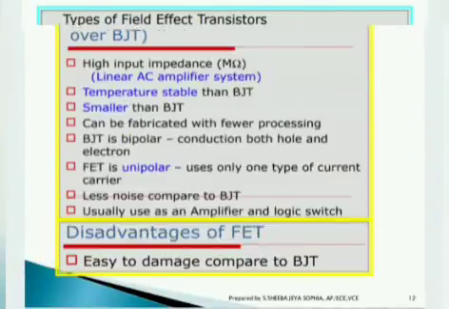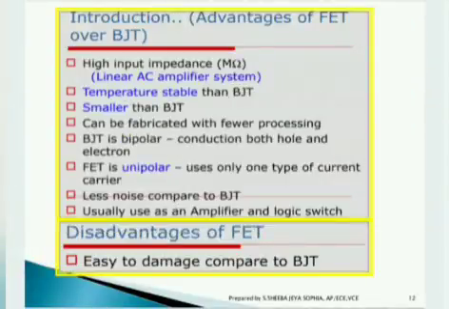Moving to the advantages of FET over BJT. In the last unit itself, we have thoroughly seen the characteristics of BJT, and it is also applied in many real-time applications. But what is the need for moving from BJT to FET? FET has high input impedance, and temperature stability is also available compared to the BJT.